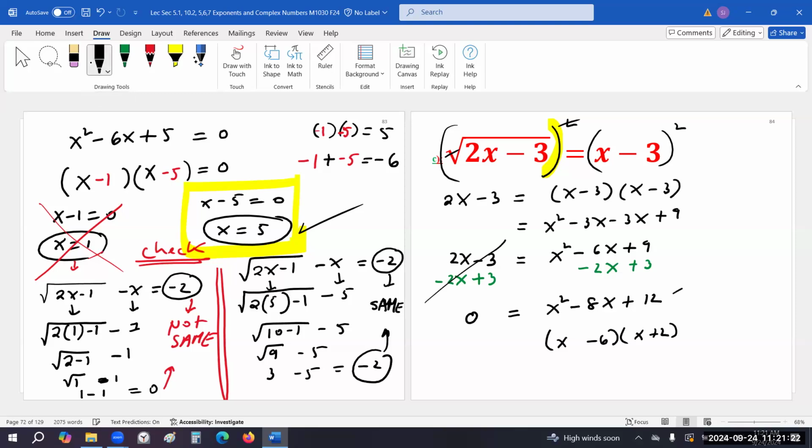Positive 2. So we have 6 times 2 gives us 12, and 6 and 2 gives us 8. But look what happens. If you have negative 6 plus 2, do you get negative 8? So the first one is always based on the middle sign. And the second one, we have to decide what is correct. If you do plus 2, we don't get negative 8.